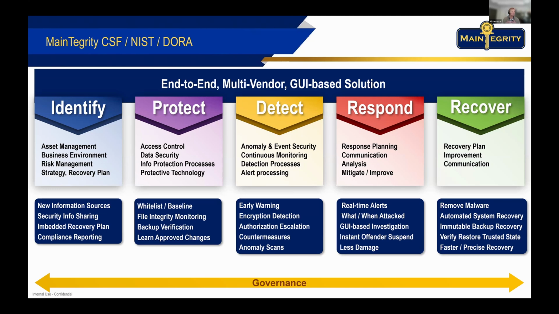We start the information flow days, weeks, months before the attack might take place. And we end up on the other end with a verify that once we've done all the recovery, your system is back to an operational level that you trust. And all of the pieces in between contact you only when there's something to report.